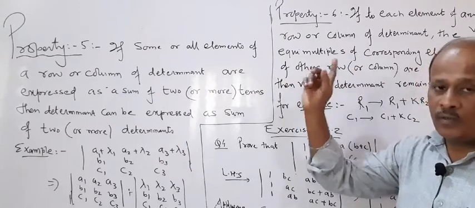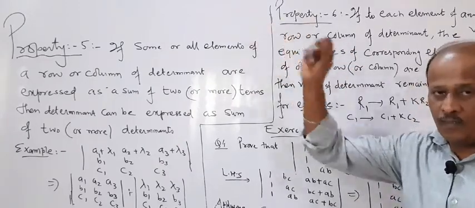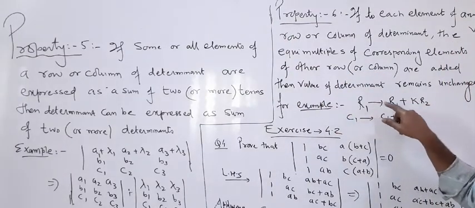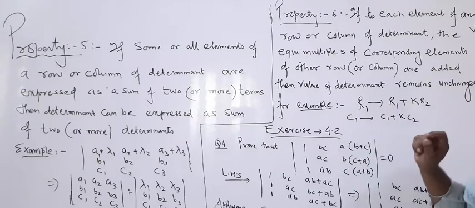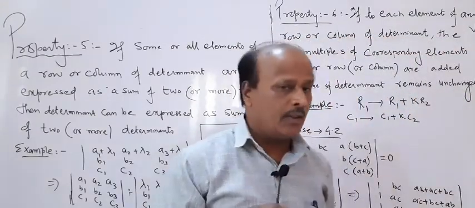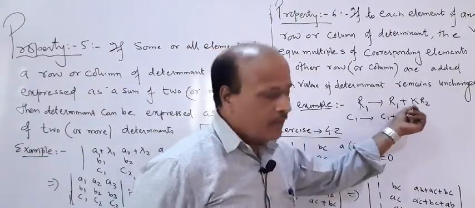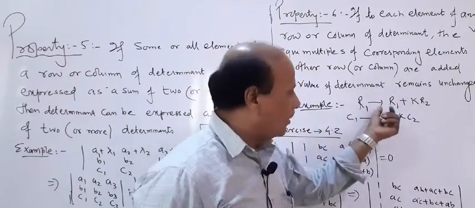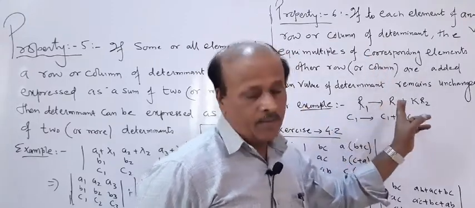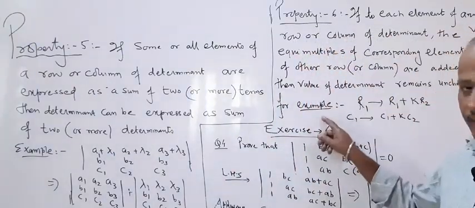When to use and how to use these properties, I am going to tell you in the coming exercise. But before that, you can express this with the help of symbols also. This is very important. While solving the question, you will be able to solve it, but side by side you will have to write these properties. Where we got this symbol from, I told you during matrices also.